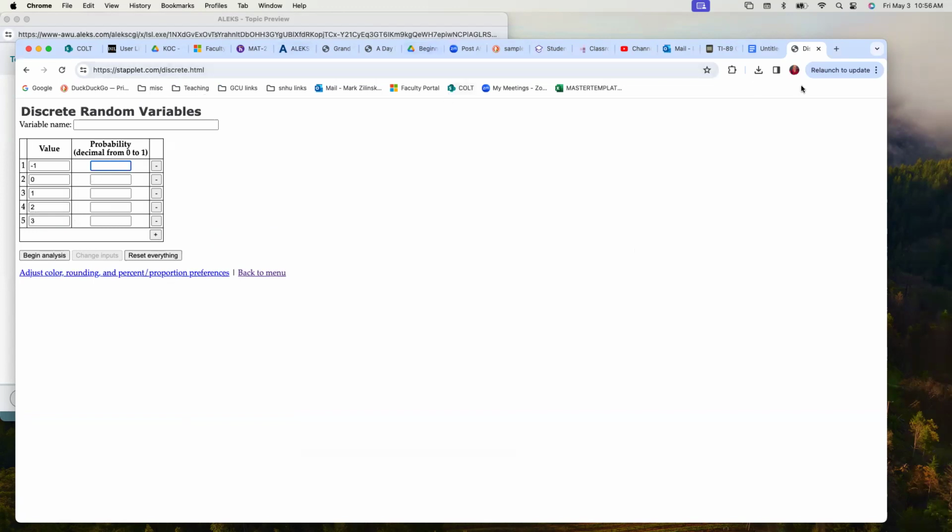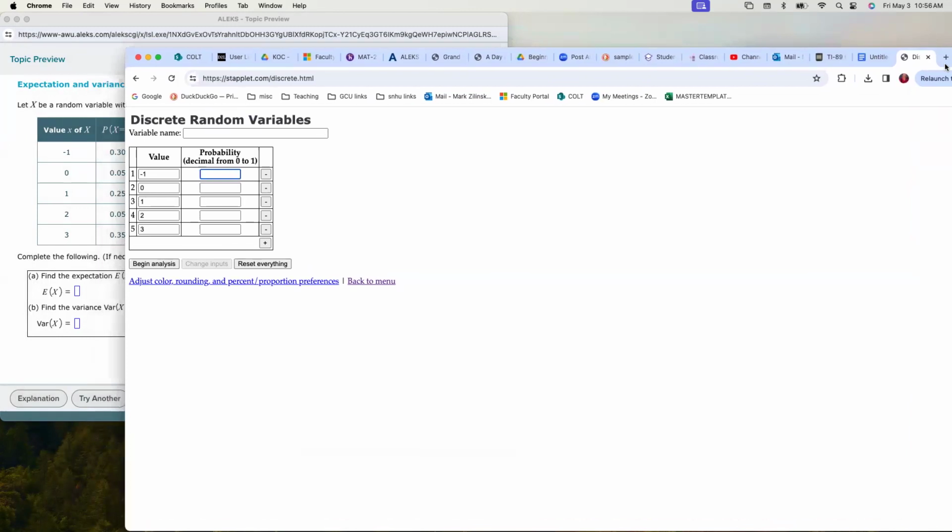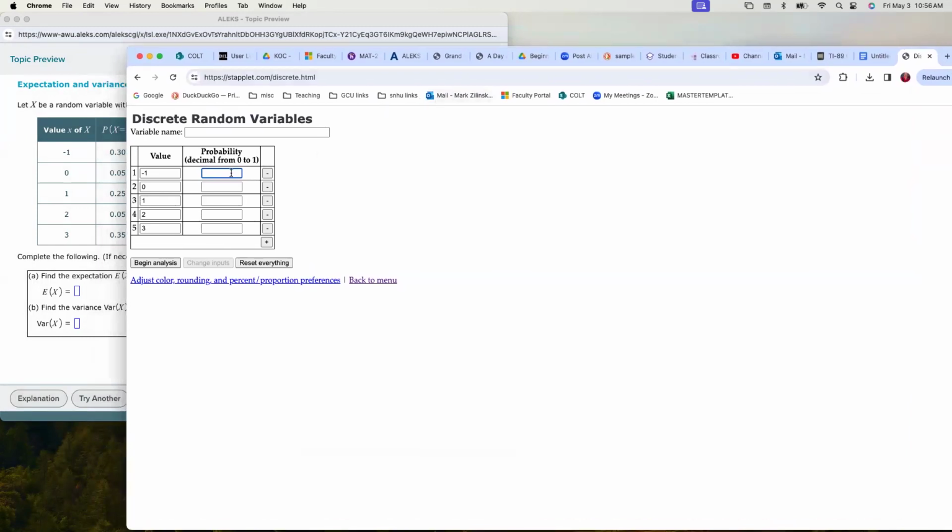And then I'm going to put the associated probabilities. So if I try to slide this over so I can look at both of these at the same time, might be helpful. Okay, there we go. Okay, so I'm going to put in a 0.3 here, 0.05, 0.25, 0.05, and 0.35.